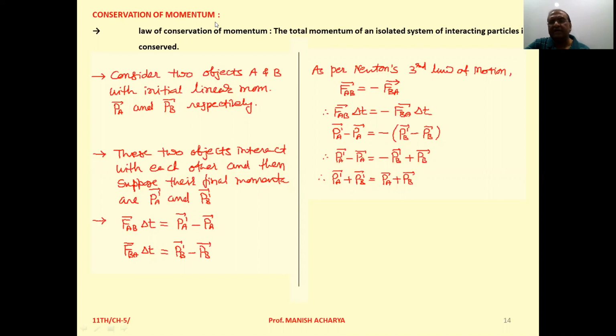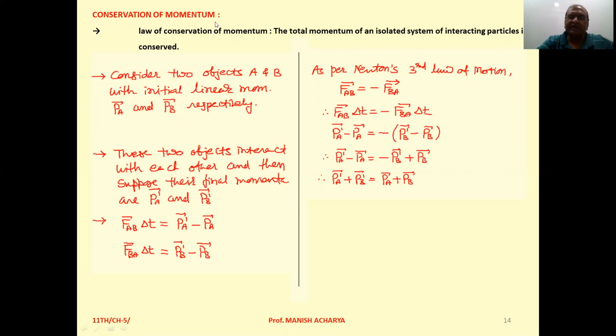Suppose we consider two objects, A and B, and suppose the initial linear momentum of A and B are vector PA and vector PB respectively. Now, when these two objects interact, and after the interaction, suppose their final momenta are PA dash and PB dash.